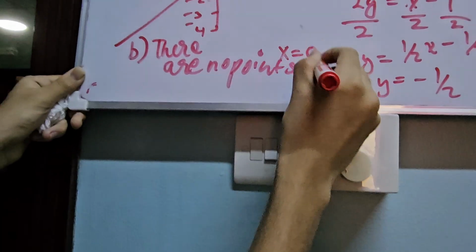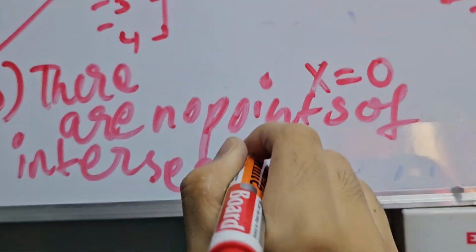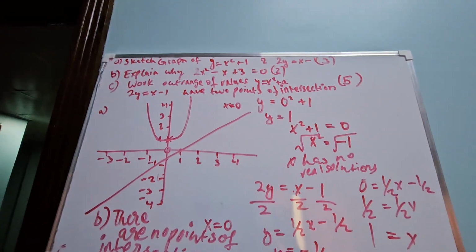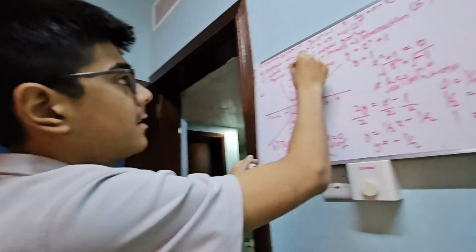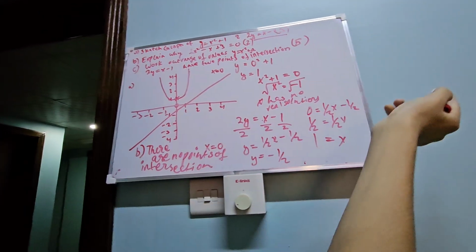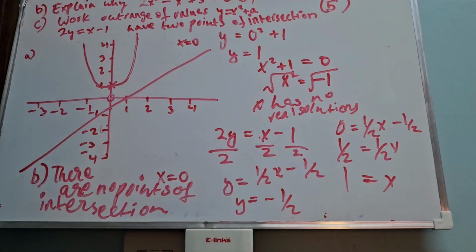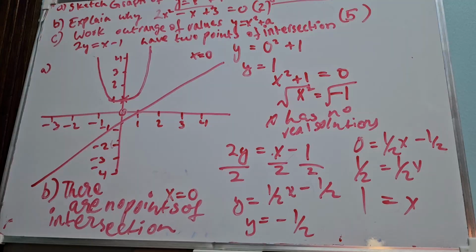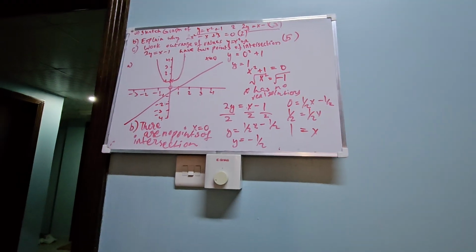That's the first thing to get your first mark. Also, you can mention that this and this are equivalent to each other. You might get another mark as well, but this is the main point to get your mark. Yeah, so that covers A and B.